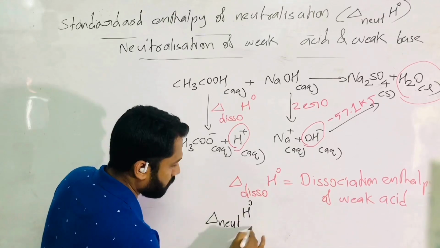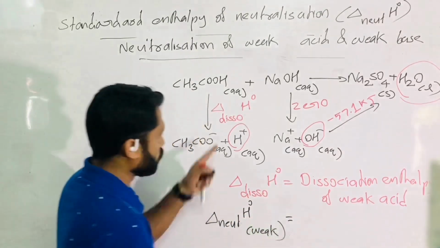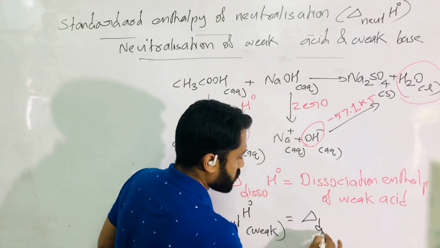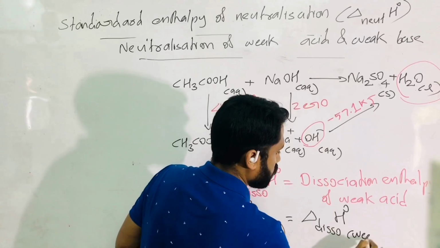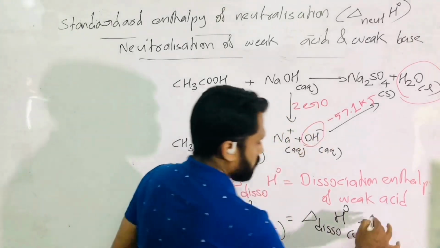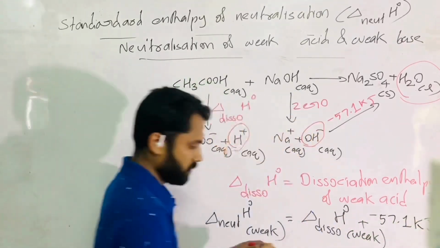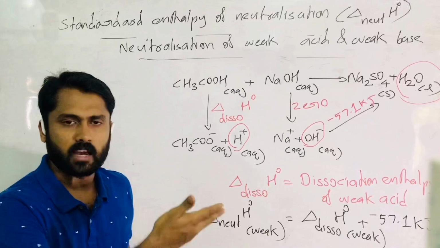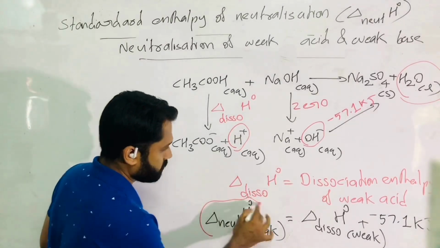we can say that neutralization enthalpy of weak acid or base is equal to the dissociation enthalpy of the weak one plus this value, minus 57.1 kilojoule. If we are using kilocalorie, we have another value, minus 13.7. This is the equation.